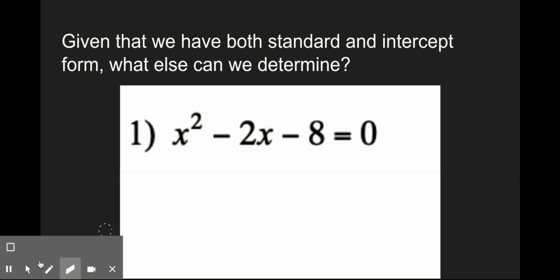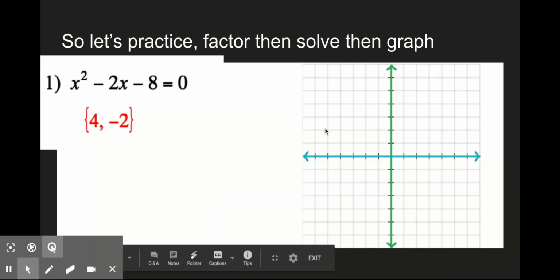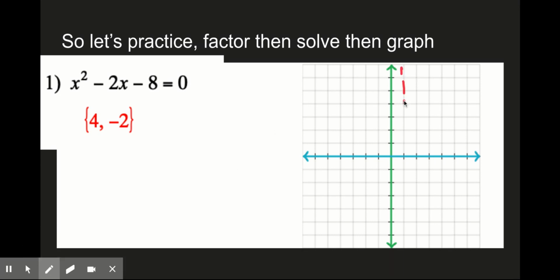And now I can carry that information with me and try and graph this thing, right? I had an axis of symmetry at 1. The vertex was down here at (1, -9).